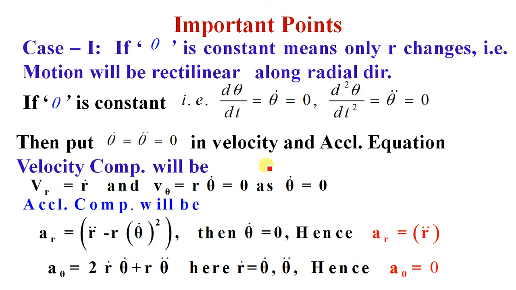The acceleration component is only r double dot, and A theta is 0. So Ar is nothing but the double derivative of the position vector. The problem becomes rectilinear motion, that is, it changes to a rectangular or xy coordinate system when theta is constant.